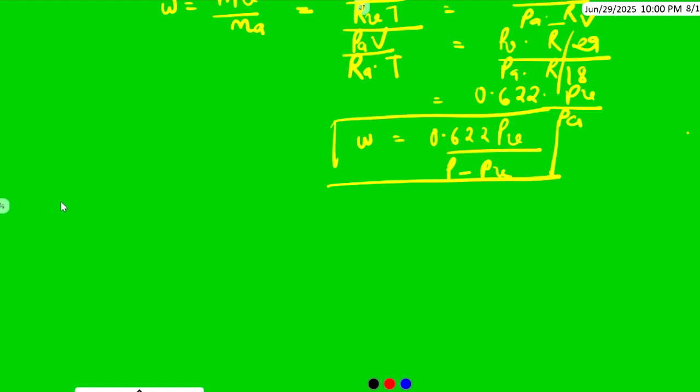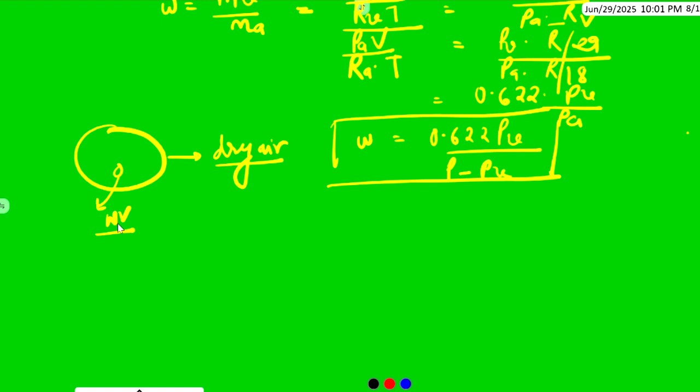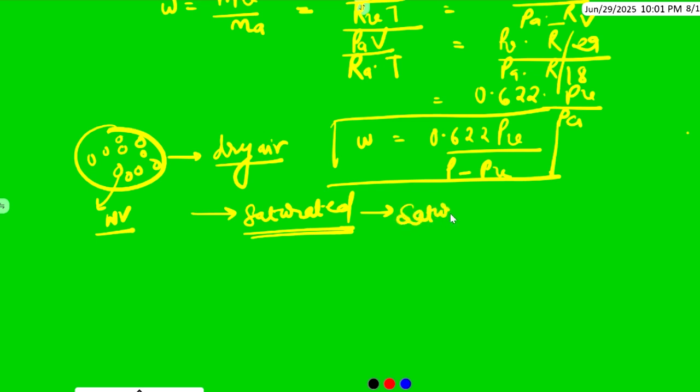Now, what happens in the case of air? Suppose this is dry air and some component of water vapor is present. If we keep adding water vapor through some mechanism, then at some point the air will become saturated. And to measure this saturation, the concept of relative humidity is in use.